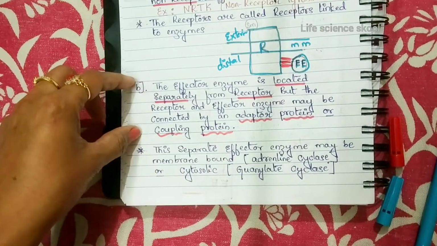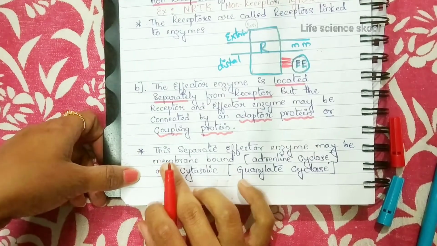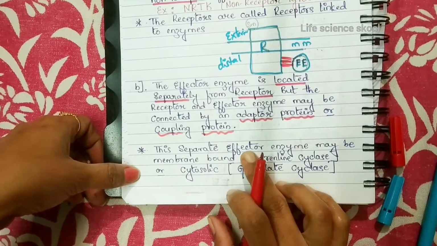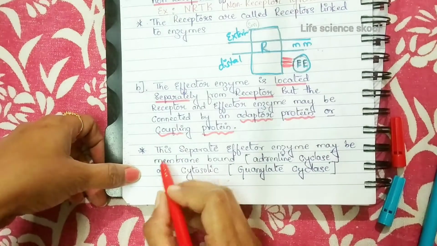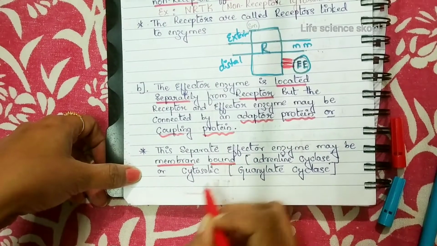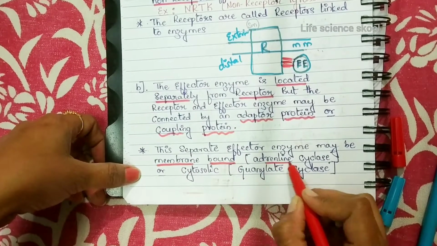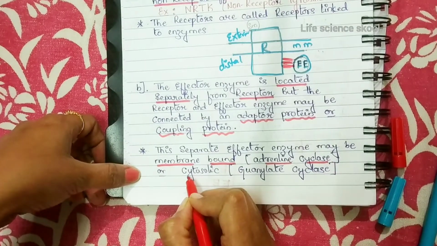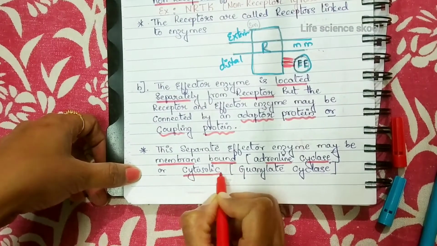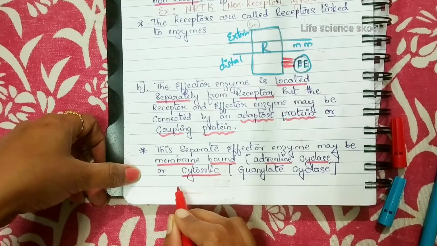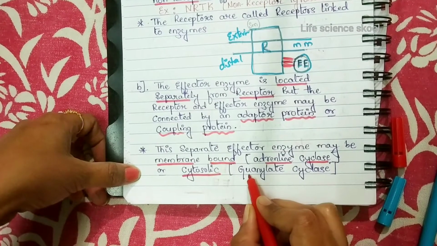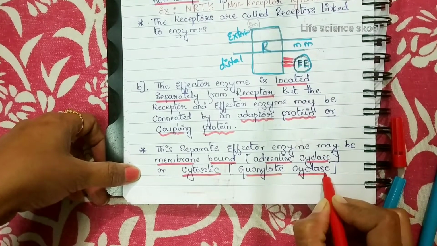Next point, this separate effector enzyme may be membrane bound, for example adenylate cyclase, or it may be located in the cytosolic region, simply say cytosolic. An example for this is guanylate cyclase.